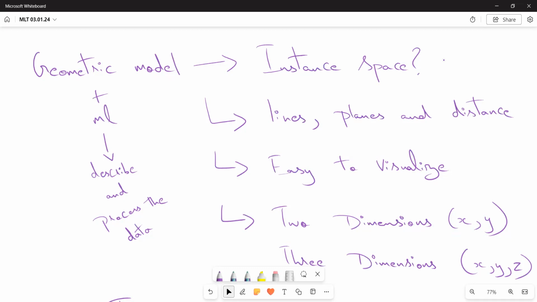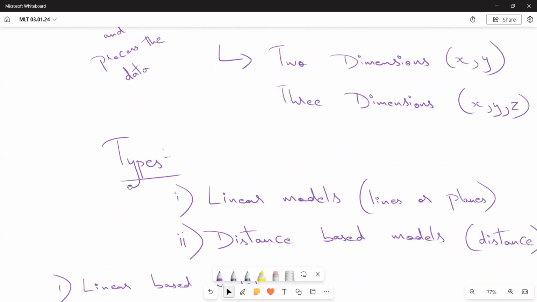Coming to the last point about geometric modeling, the features which we use in models can be described in 2 dimensions and 3 dimensions as well. If your model gives an output with 2 or 3 dimensions, that is x, y, or x, y, and z, you should know that you are using a geometric model. So this is all about the geometric model.